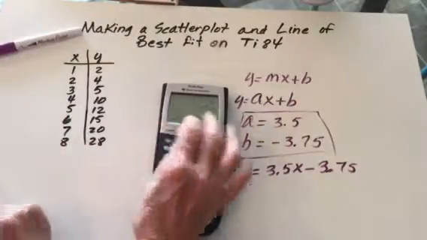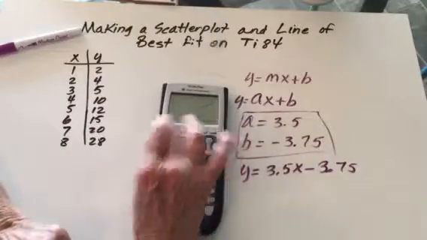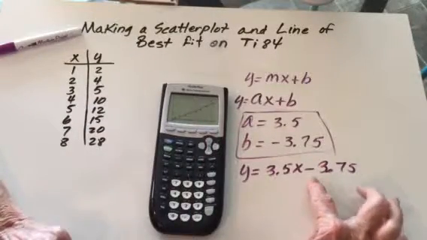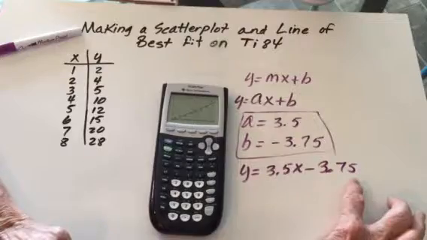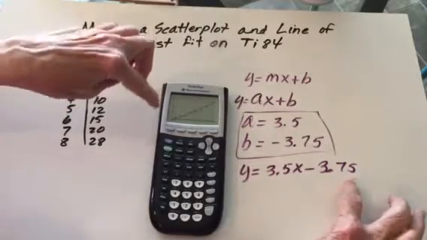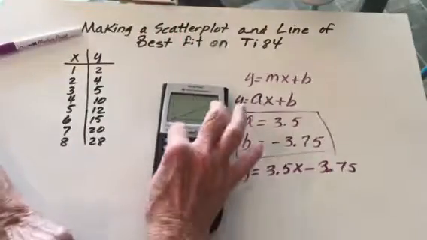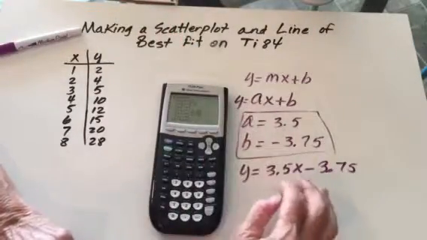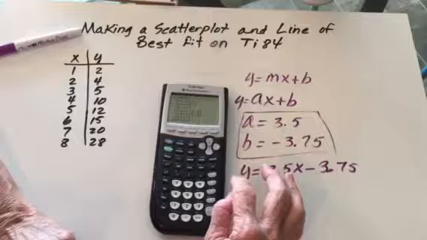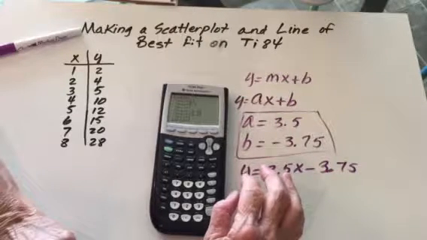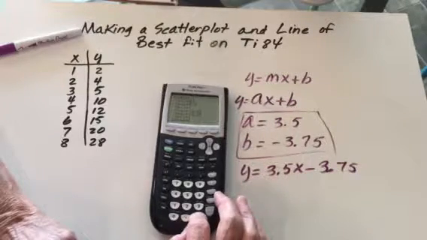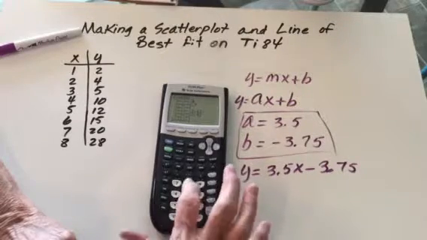Now, I want to show you something. If I go to window here, because I can't really see this, I want to see where that, isn't the intercept supposed to be at negative 3.75? So right now, we're not seeing a lot of the x negatives, and we're not seeing a lot of the y negatives. So I'm going to go to that window. I want my x minimum to be, I don't know, negative 8.